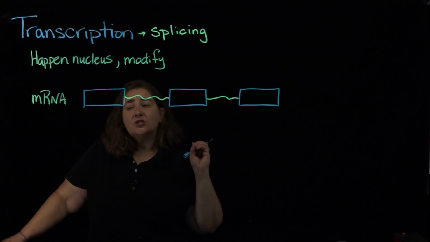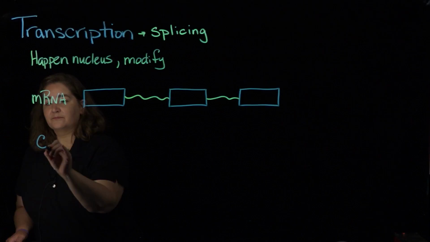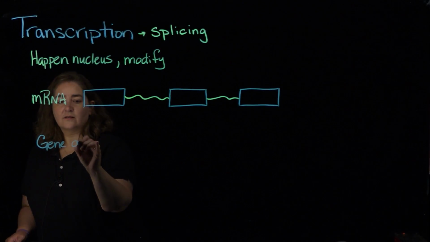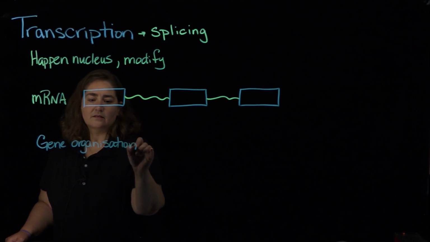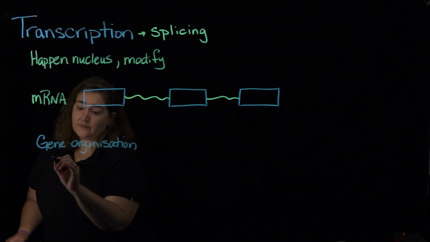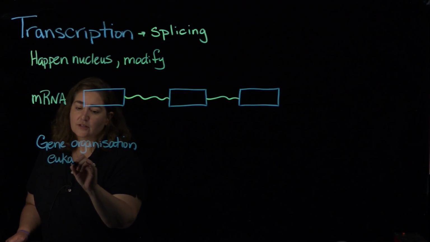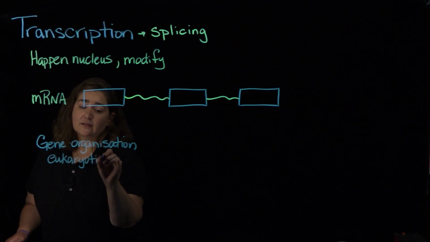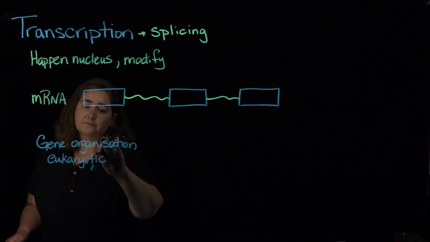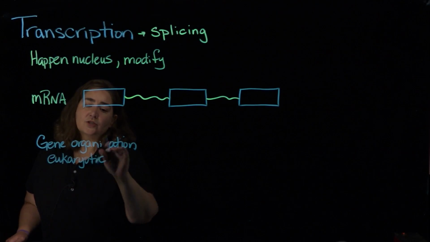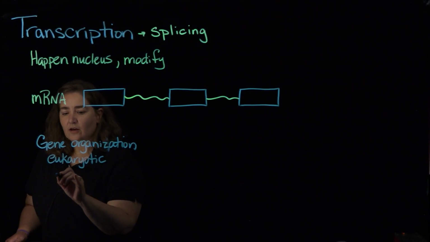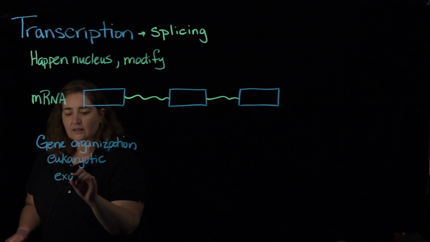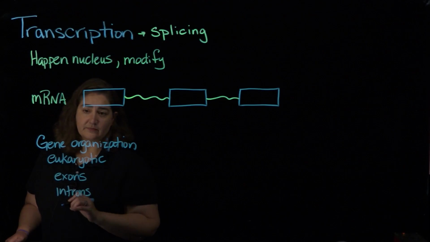But the way genes are organized in eukaryotes, and this is important because this is going to be primarily a eukaryotic function, the way those genes are organized are going to be exons and introns, okay?